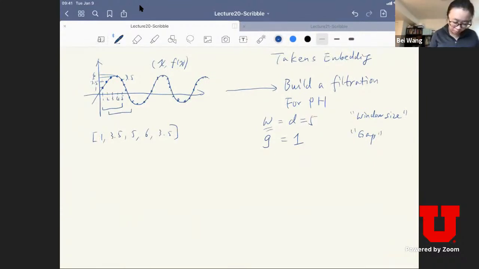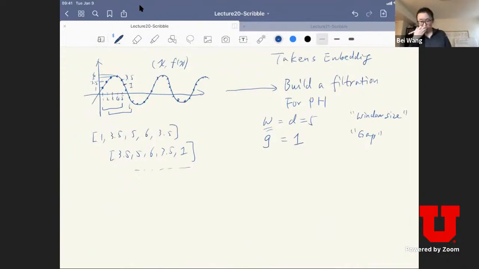I start with 2, 3, 4, 5 and include the value of 6. So my next point is 3.5, 5, 6, 3.5, and then 1 again. Of course, this is not that interesting, but in practice you may have more varying values. Anyway, as you go through this process, you map a one-dimensional signal to a 5-dimensional point cloud, okay?